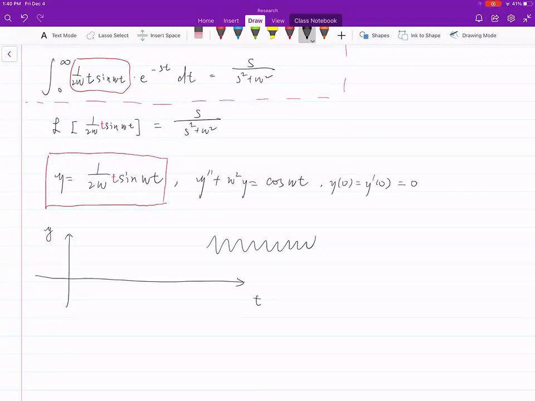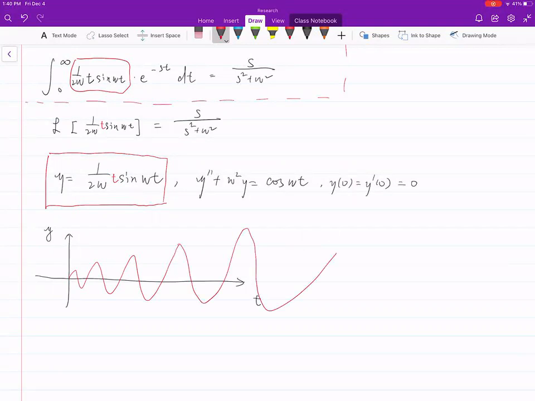This one is roughly sine omega t, but the amplitude is given by t over 2 omega. So as t becomes bigger, the amplitude becomes bigger. When t goes to infinity, the amplitude becomes infinity. Okay, that means you have basically the sine wave. It just shakes more and more severely as time goes by because your amplitude is increasing. And that is exactly the resonance effect.